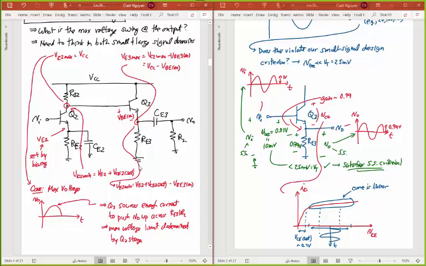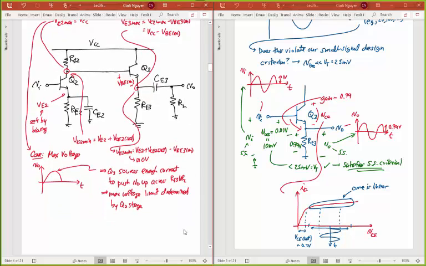So it's going to be this, or it's going to be 0 volts. If you actually drive the voltage here all the way down below ground, it can't go below ground, so it's going to go to ground. 0 will be the minimum that you get there. Okay? And so that's what we have for this total excursion.